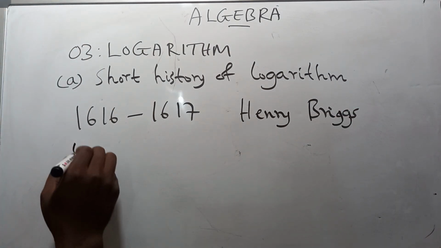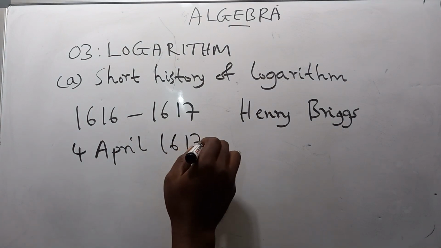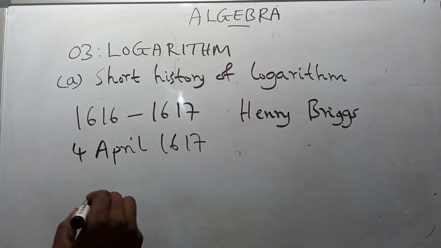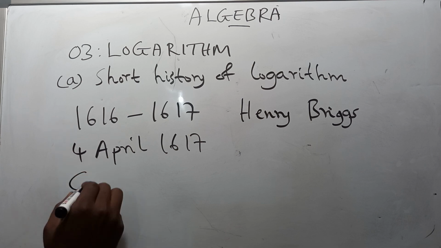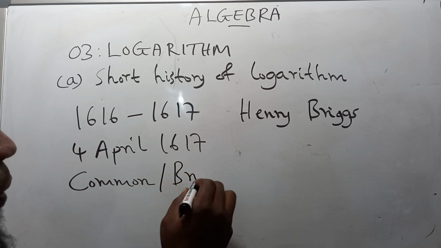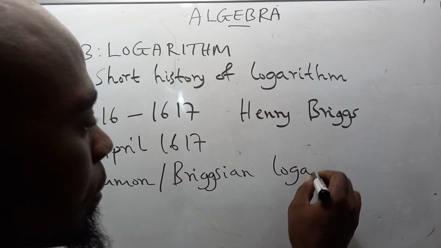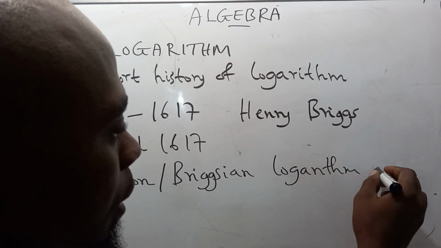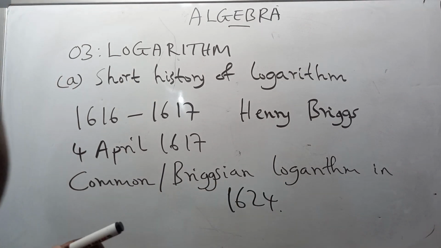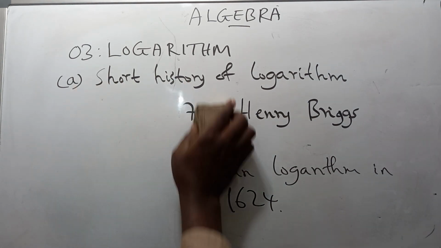Although John Napier died 4 April 1617, his effort made Henry Briggs to publish his invention of common or Briggian logarithm in 1624. Okay, let me conclude on a short history of logarithm.